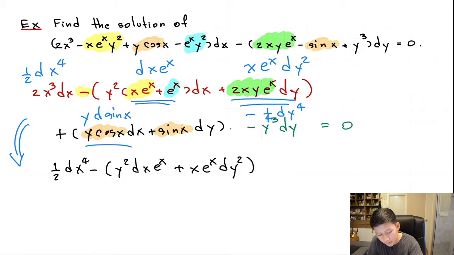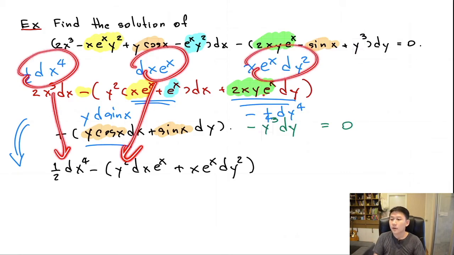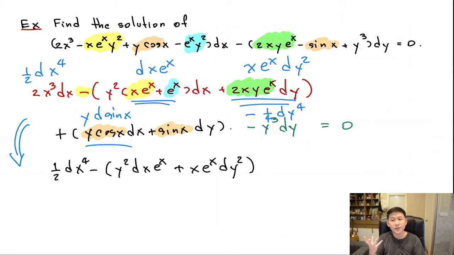This is this, this is this, this is this. I know this is confusing and really complicated, and I won't recommend you do this in the exam. I think it's easier to use the direct approach: integrate, differentiate, and compare.